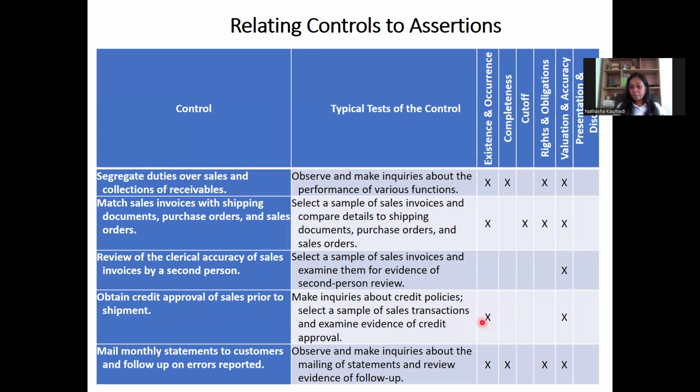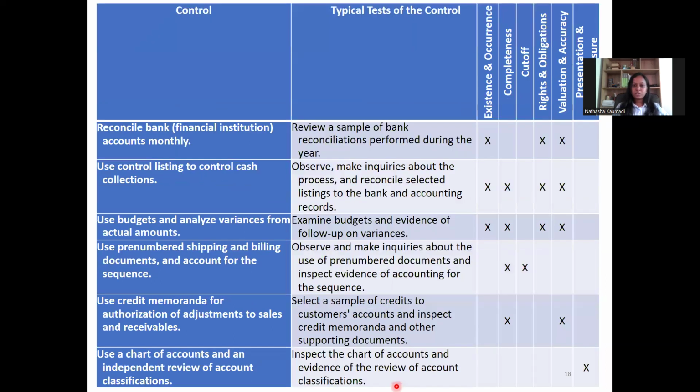So, occurrence and again accuracy. Likewise, maybe mail monthly statements to customers and follow up on errors reported. Monthly, you are sending statements to your customers, your debtors. Observe and make inquiries about the mailing of statements and review evidence of follow-up. You need to follow up on them as well.